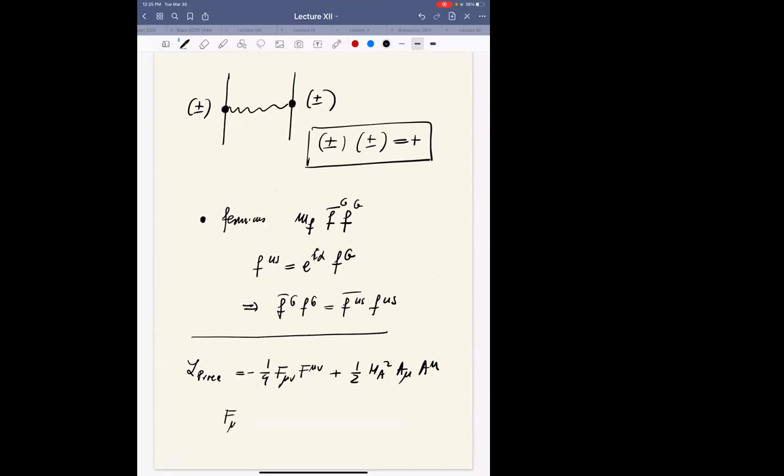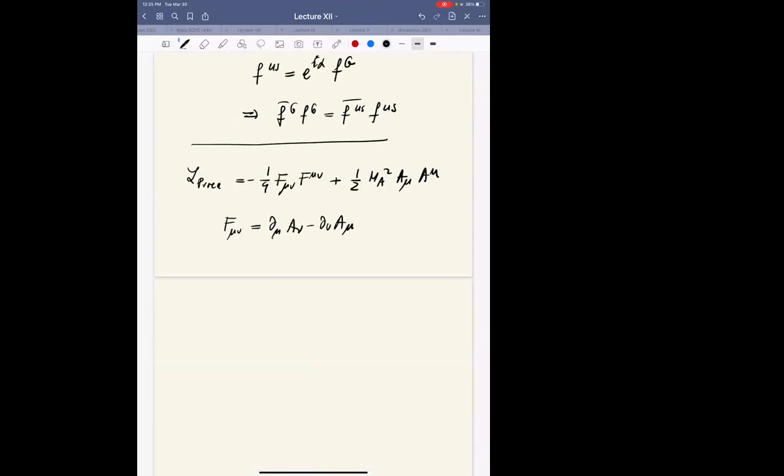F mu nu is d mu A nu minus d nu A mu. Notice that there is a mass and sign ambiguity. It goes as a square. I don't care whether you call it A mu or minus A mu. We are talking about the same physics, because nothing depends on that sign, as we can see explicitly here.